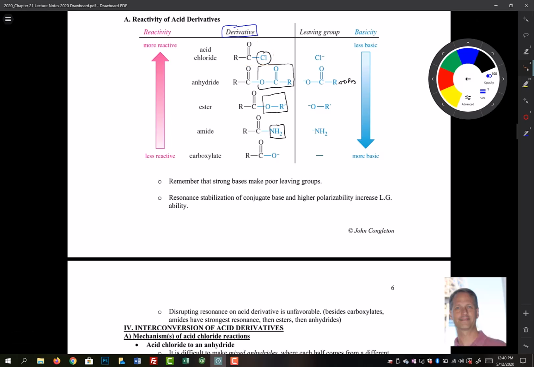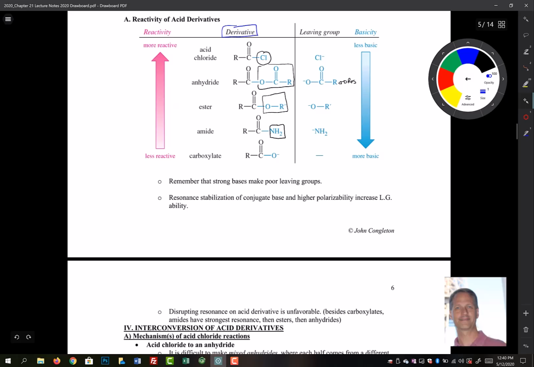The anhydride has a set of electrons here that can come up this direction or can come up that direction. The ester also has resonance, coming up like this. And the amide also does, where we have an electron flow in that direction. So besides carboxylates, amides have the strongest resonance, then esters, and then anhydrides. That fits perfectly into the reactivity sequence that we see listed on the top of this page.